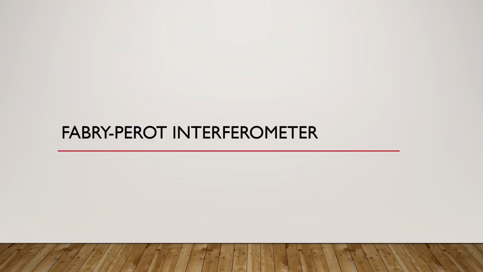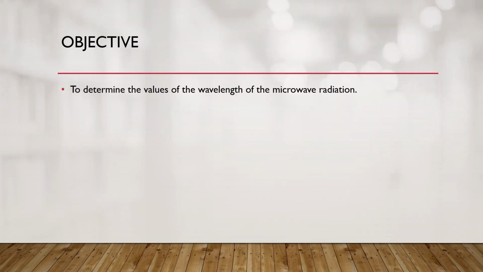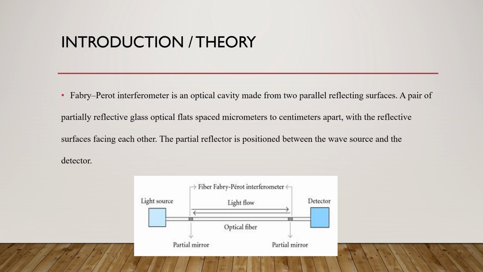Okay, the third experiment is about the Fabry-Perot interferometer. The objective of this experiment is to determine the value of the wavelength of the microwave radiation. The Fabry-Perot interferometer consists of two parallel partial reflectors positioned between the wave source and the detector, as shown in the figure below.